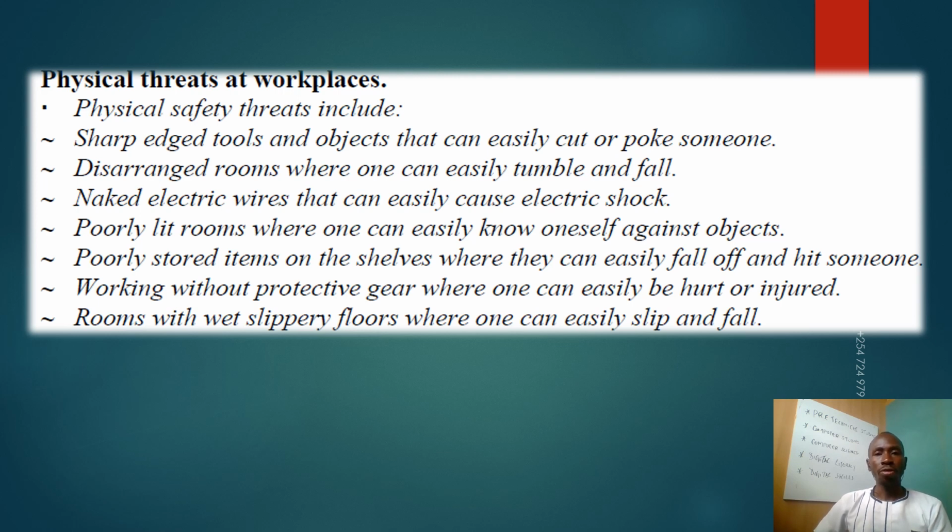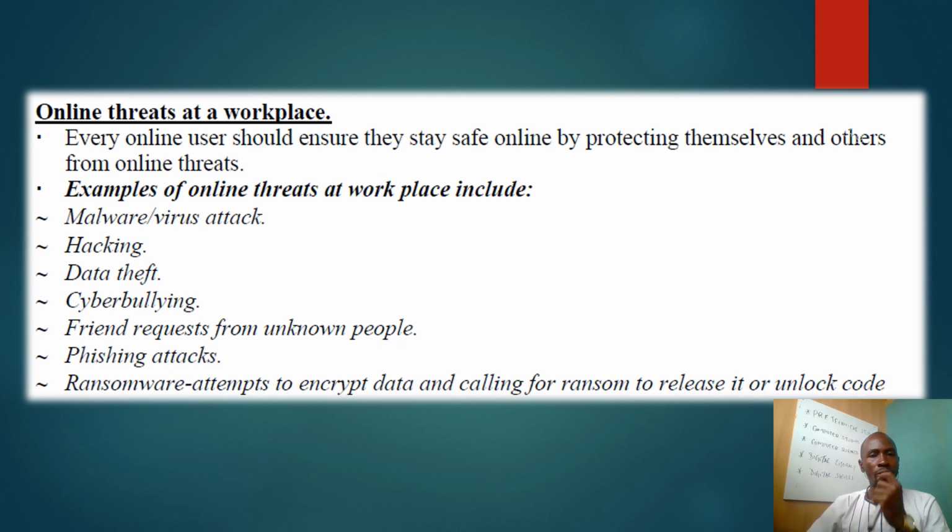And also, we want to look at the second form of threat, that is called online threats at workplaces. Every online user should ensure that they are safe online, by protecting themselves and others from online threats. Now, examples of online threats at workplaces may include number one, malware or virus attack.